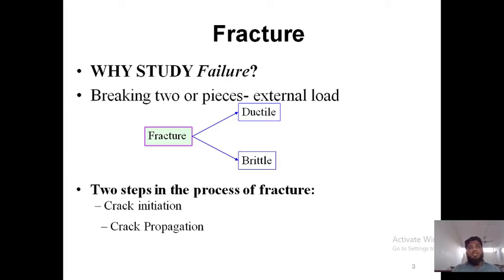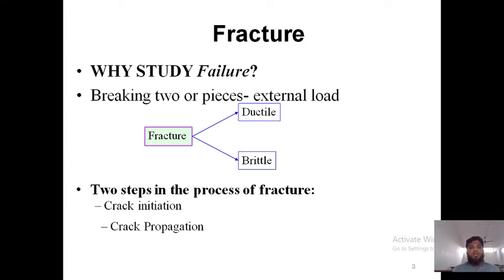First is crack initiation. For example, if you want to break a material, you take a steel rod. When you are trying to extend it, as we have seen in the stress strain diagram, after some point the rod will start expanding, and at some point you can see a small crack. If you are not able to see this, let us take the example of the refill of your pen.